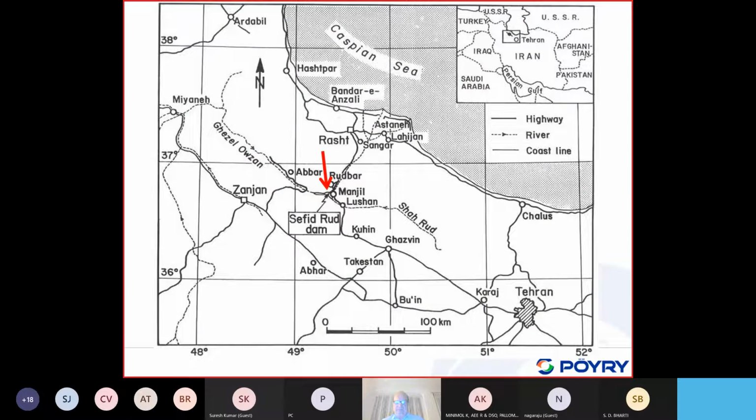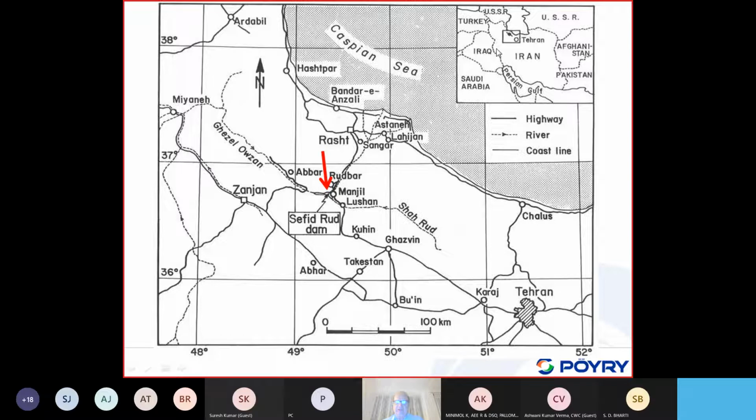Okay, the dam I'm talking about is in Iran. Here is Iran. Here is the Caspian Sea. Okay, Pakistan, Afghanistan. Okay, India is not there. But the enlargement here, it is just in the south of the Caspian Sea and a little to the west of Tehran.